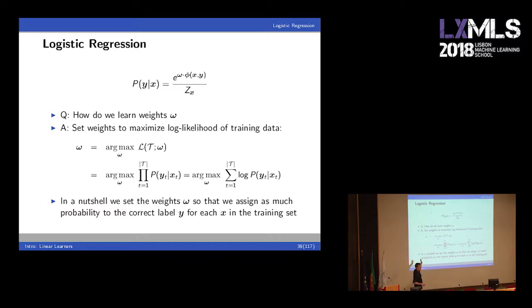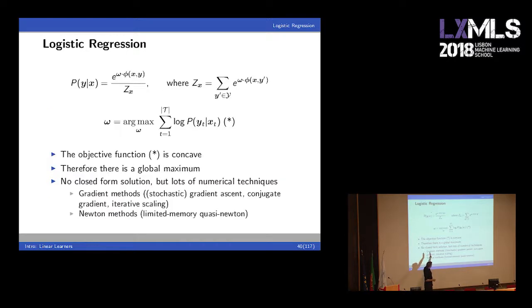This is the same idea as before. We want to maximize the probability of the training data. The nice thing is you can see very easily that this function here is concave. So it's the opposite of convex, because we formalized it here as a maximization problem.